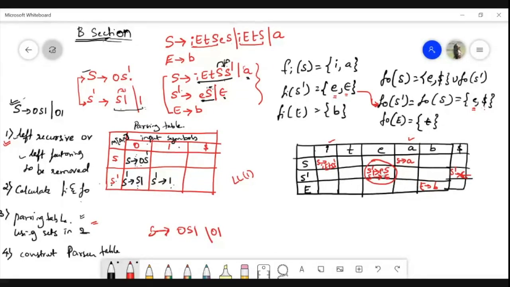When you're constructing the parsing table, you just check the rules. Have you written those rules in your notebook? Whenever you get an epsilon in the first set, what should you do? In parsing table construction, we use first sets, right?